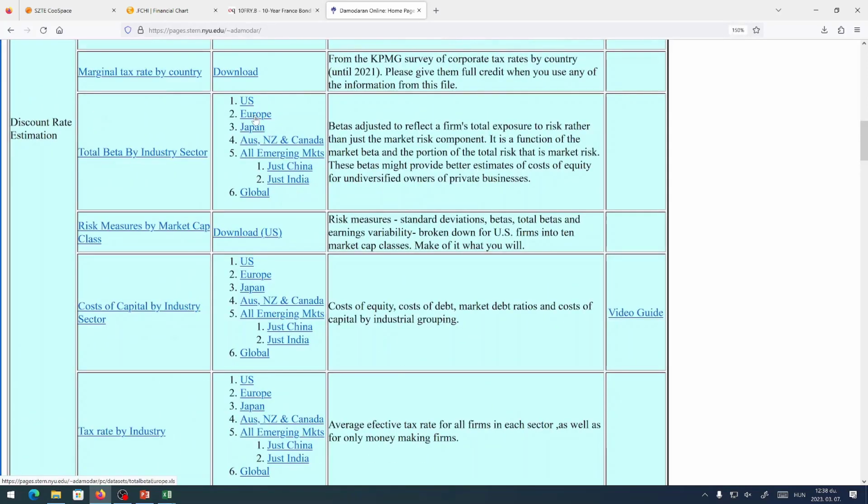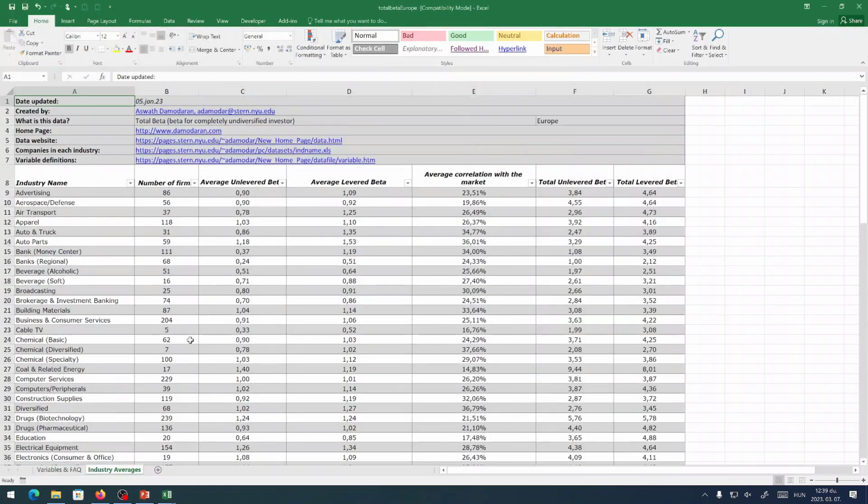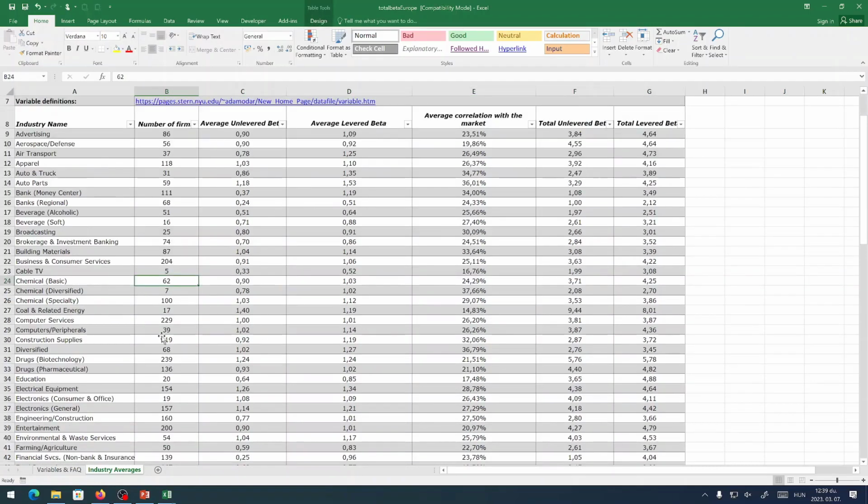So we have different markets: US, Europe, Japan, many other countries, emerging markets, just China, just India, and globally. And right now we just need Europe. So we can download this as an Excel file. And as you can see, the date of update was this year's January. So this is a really good database.